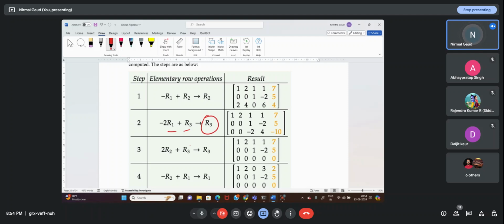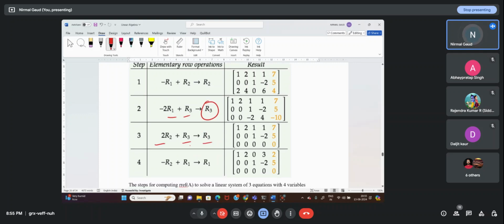My task is solved here, isn't it? Or not solved? Still, minus 2 and minus 4 are present. So I can make this also 0: 2 row 2 plus row 3 is equal to row 3. So this is also 0. All zeros are present in the last row.